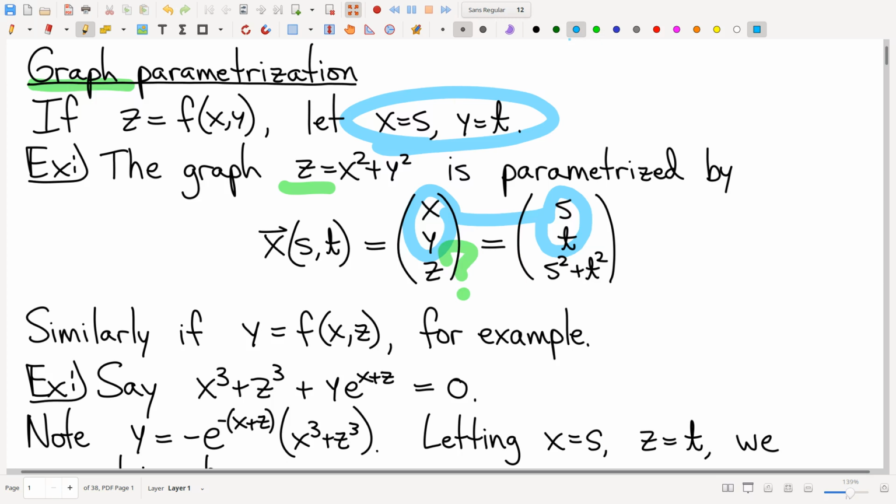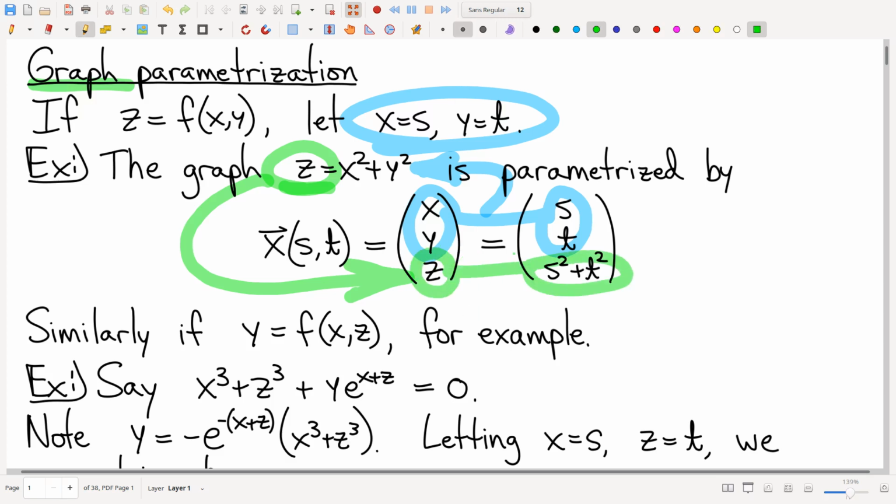We actually already can just write down what z is as follows. If s and t are x and y, you plug those in right there. And if z is that given function of x and y, then that tells you z as a function of s and t. And we're done. We win.